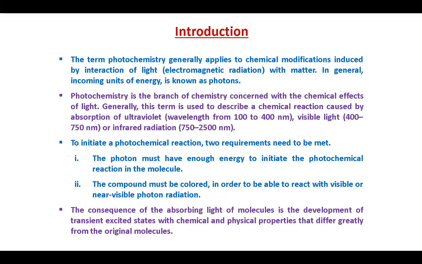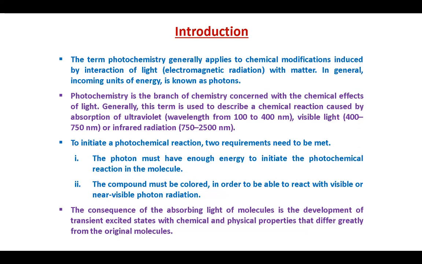Introduction. The term photochemistry generally applies to chemical modifications induced by interaction of light, that is, electromagnetic radiation, with matter. Photochemical processes are those in which the excited species dissociates, isomerizes, rearranges, or reacts with another molecule.